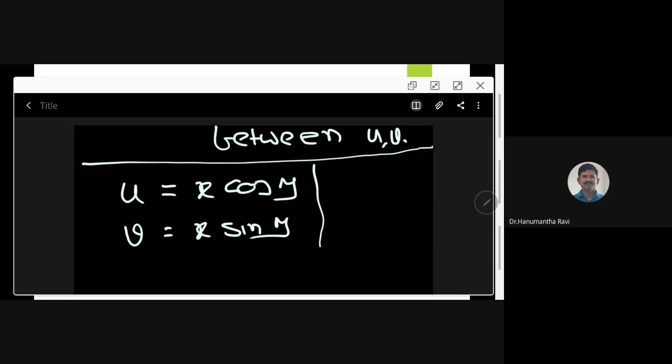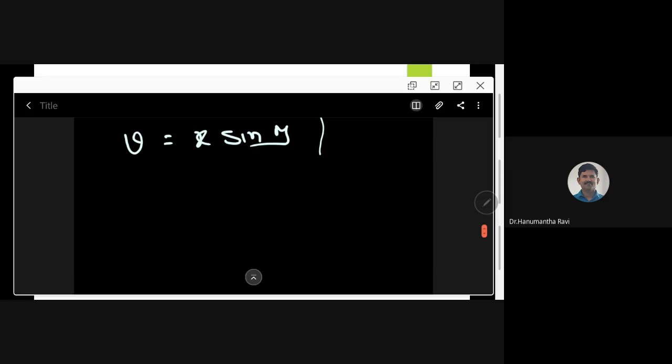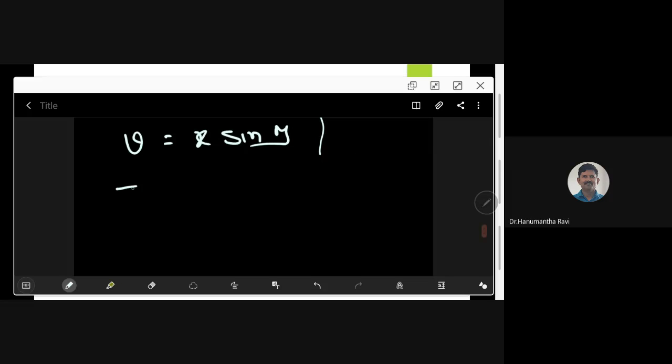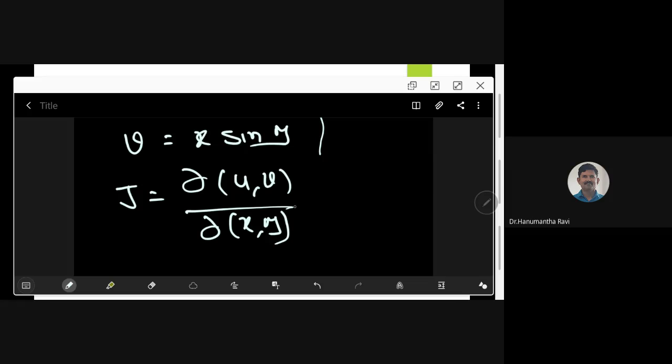What is the Jacobian here? J is equal to dou (u, v) by dou (x, y). Again, if you apply the formula, it is u_x, u_y, v_x, v_y.